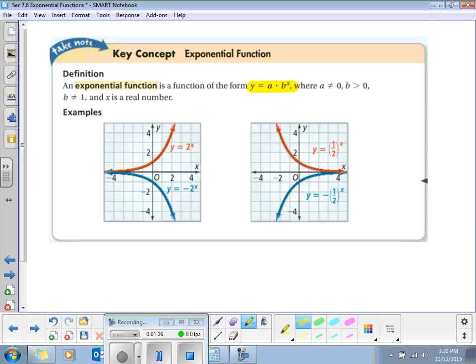If this is a negative base greater than 1, kind of weird, the graph swoops downward, okay? This is what it looks like when we have a fraction as a base. A positive fraction swoops up like this, and if it's a negative fraction as a base, it swoops down like that, okay? Please sketch that into your notes.